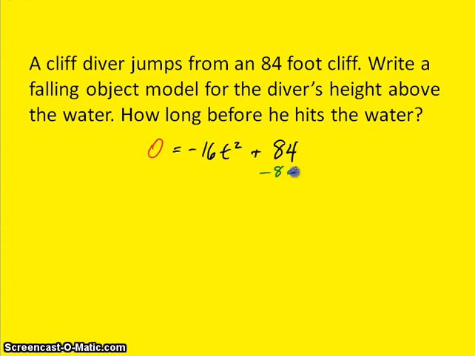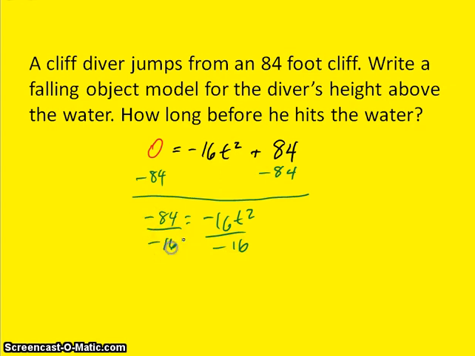So we're going to start by subtracting 84 from both sides again. So we get negative 84 is equal to negative 16 t squared divided by negative 16. So negative 84 divided by negative 16 is equal to 5.25.